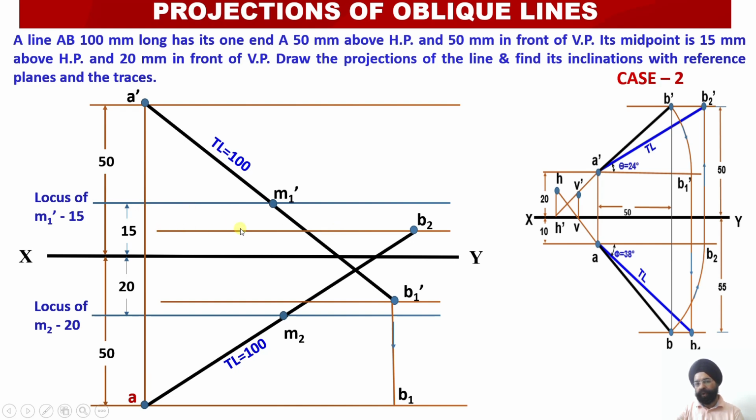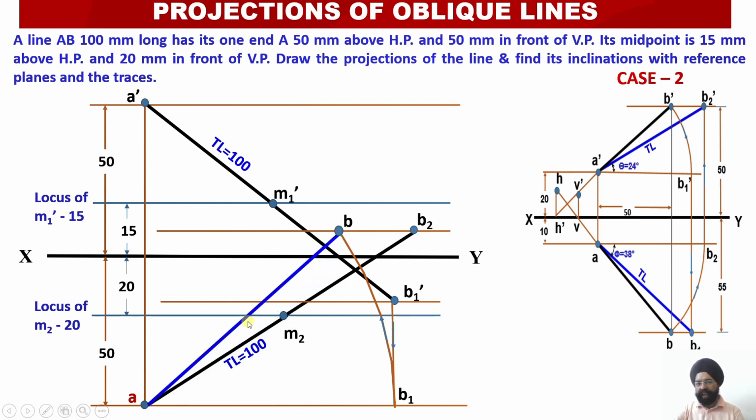I will be rotating it back to the locus line of the plan, which is B2, the true length of the plan. So please see, I am going to rotate it back till I intersect this particular projection line of the true length of the plan. Same thing I did over here. Now I have obtained point B. Having obtained this point B, I am going to join A with B.